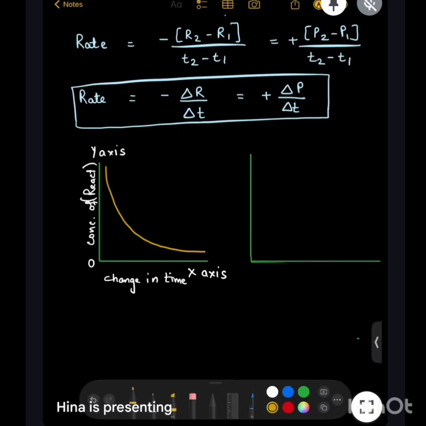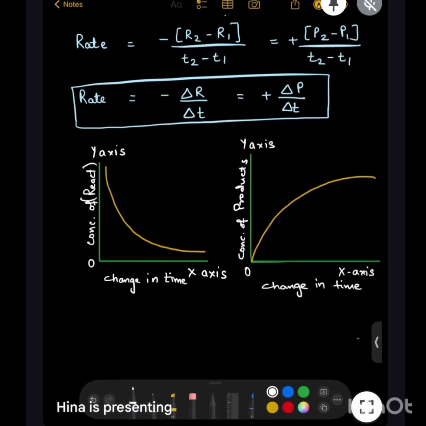Since the concentration of the reactant is decreasing, the slope will move downwards, and with time for the products, the slope will move upward. The reason is the concentration of the product is increasing.